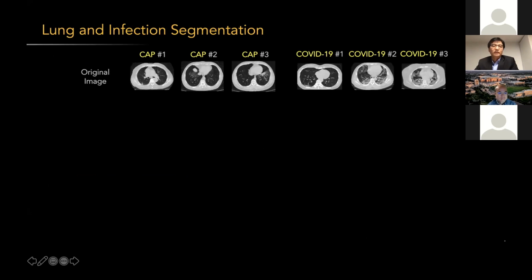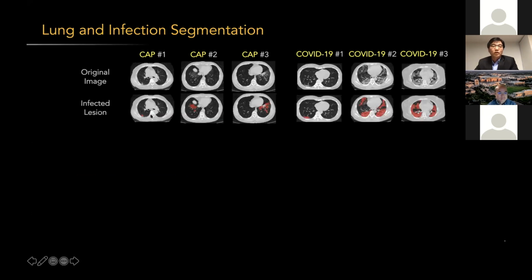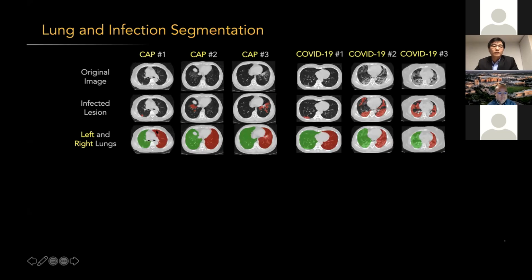This is what we call the original image. And then we can use our technique to automatically segment infection, the lesions here. And with the same technique, we also segment the left lung and right lung for each of these 6 subjects.